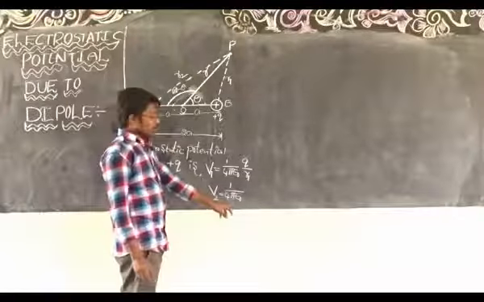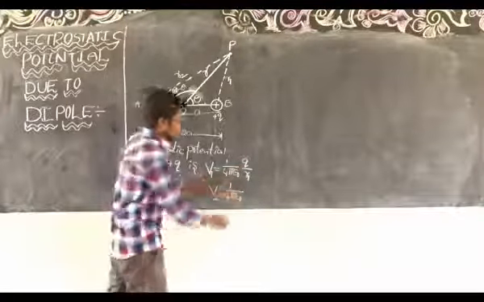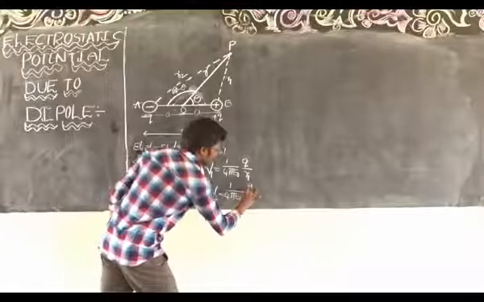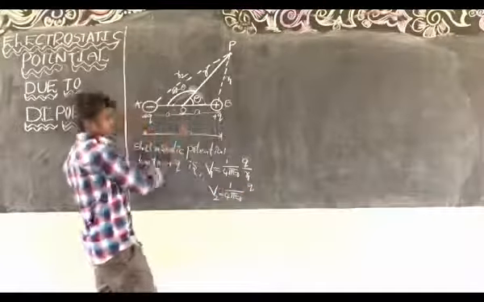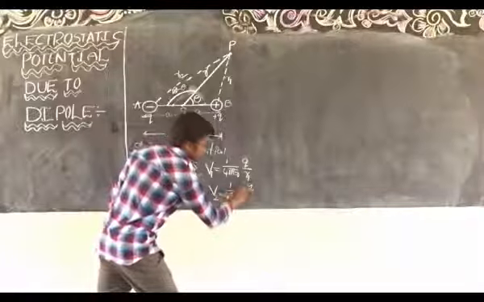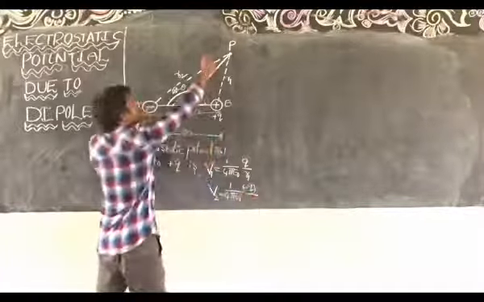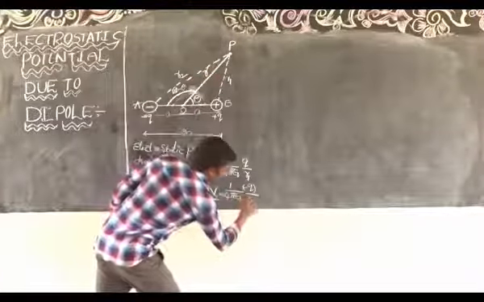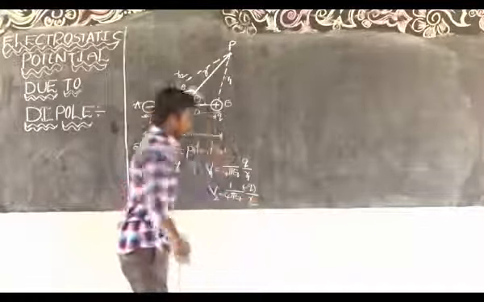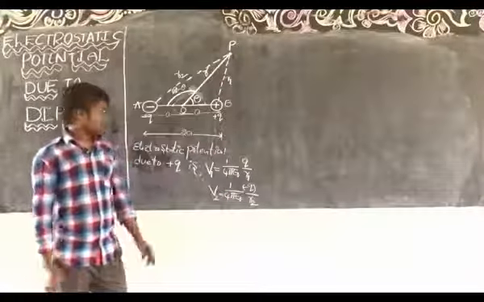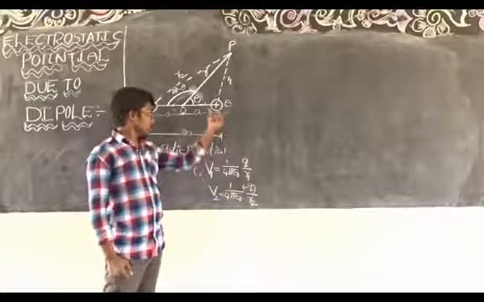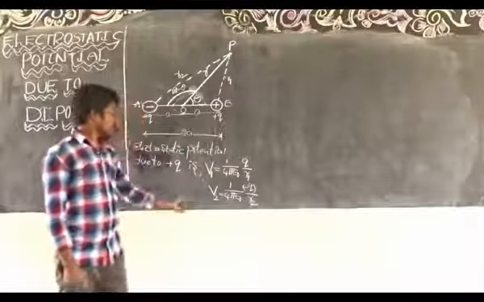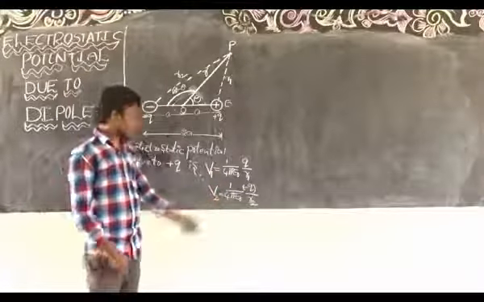V2 is equal to 1 by 4 pi epsilon naught into Q. Which Q here? Minus charge, no? So here minus Q by, what is the distance here? R2. This is the electrostatic potential due to a plus charge. This is the electrostatic potential due to a minus charge.